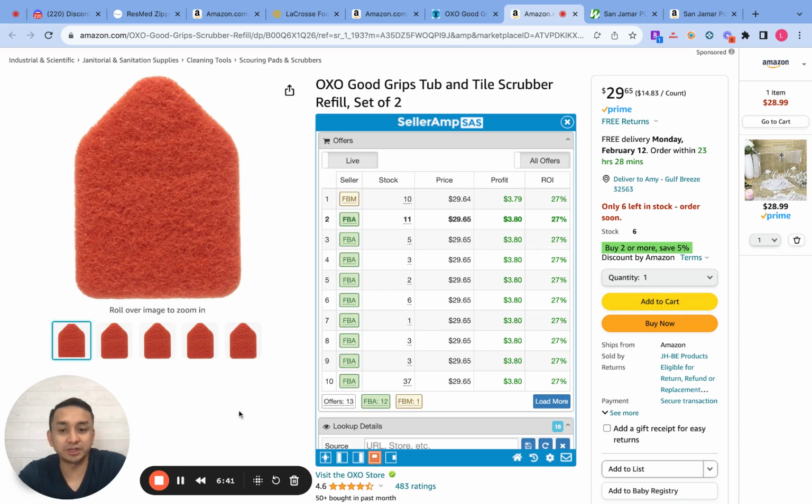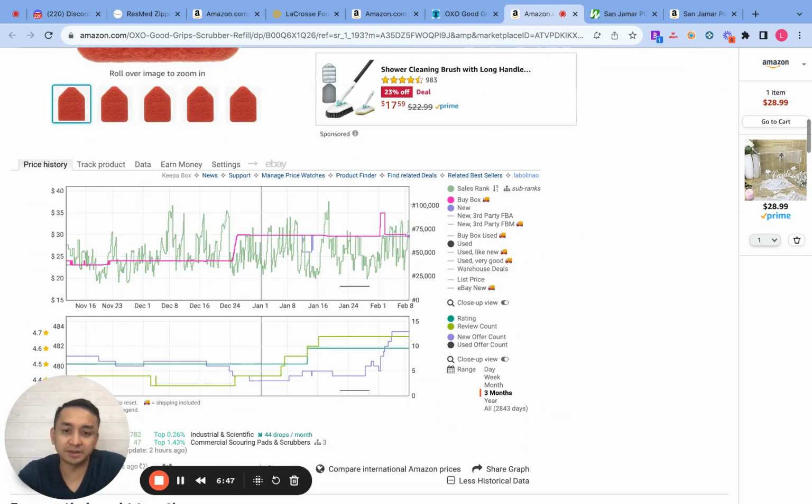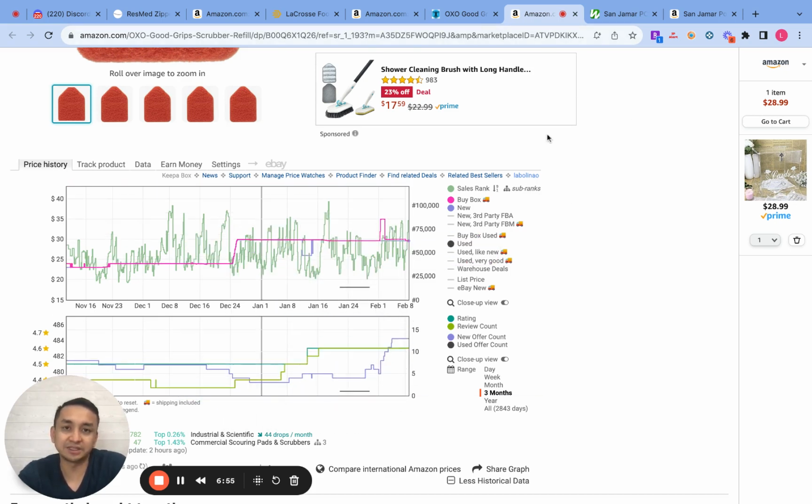So this one's going to be up to you. I would say it's decent, but the only issue here is that there's a lot of sellers joining the listing. The seller count here, the purple line, is trending up. But outside of that, I think it's decent.